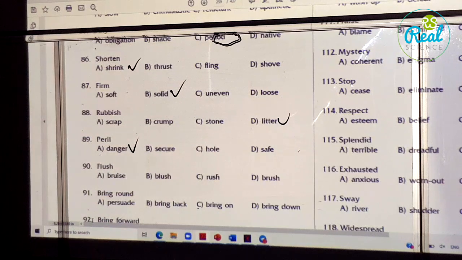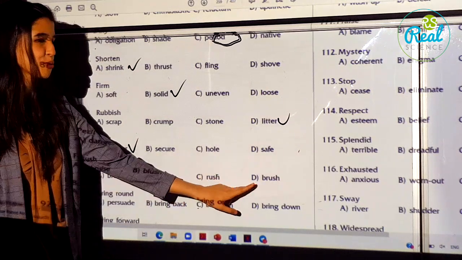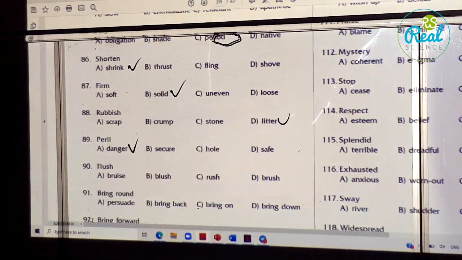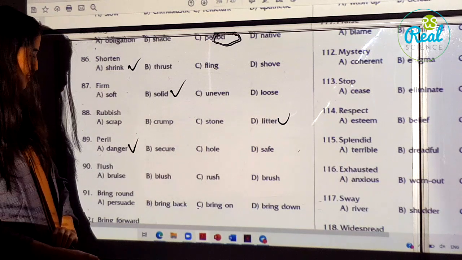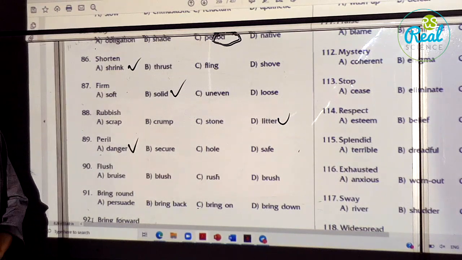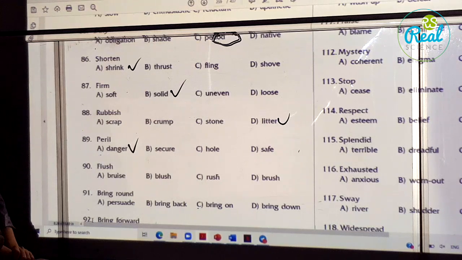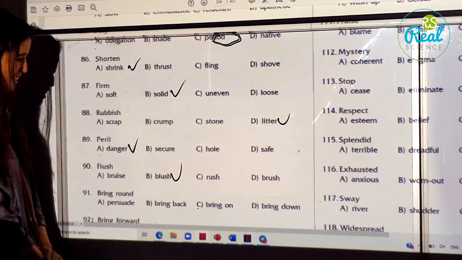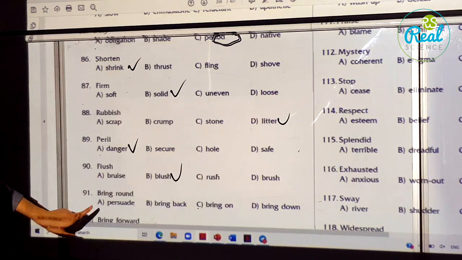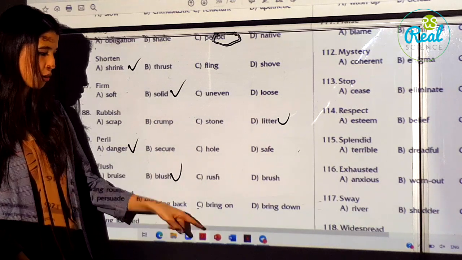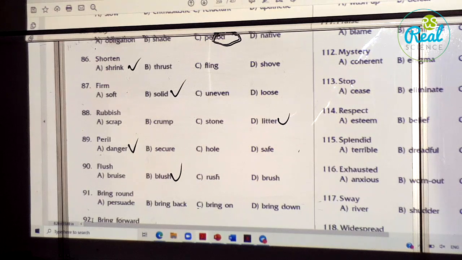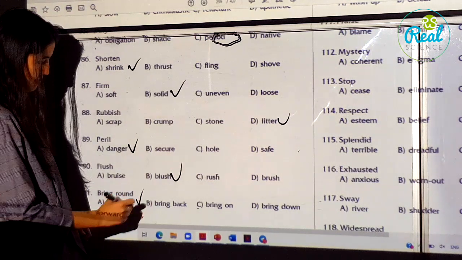Flush, bruise, blush, rush, or brush? Rush. Bring round, persuade, bring back, bring on, or bring down. Persuade. Anyone? Persuade.